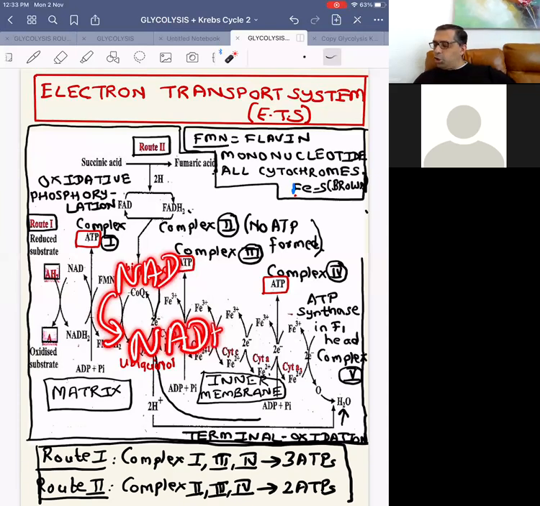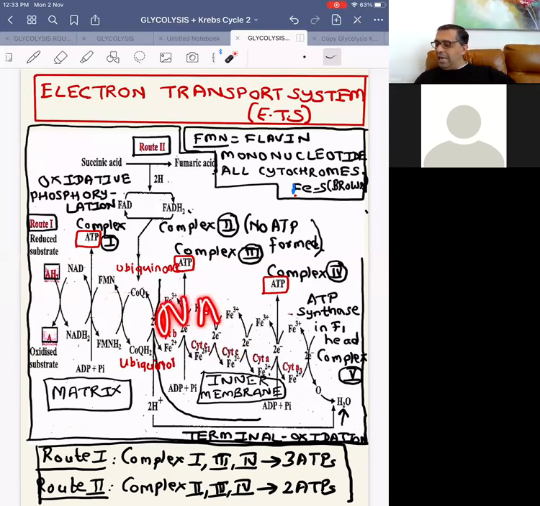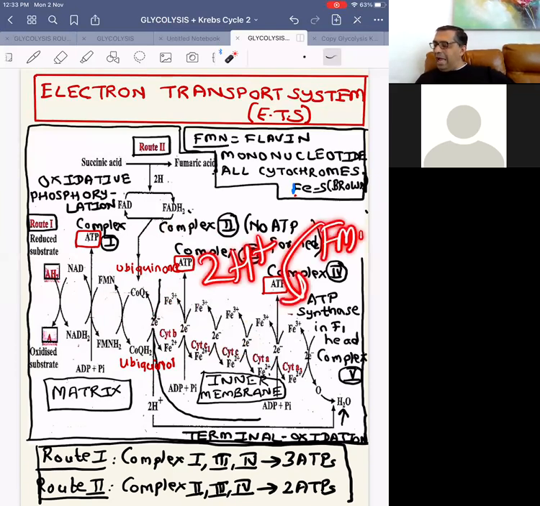Then NADH2 gave away the hydrogen and got oxidized back to NAD. And that hydrogen is accepted by FMN, and flavin mononucleotide gets reduced to form FMNH2.